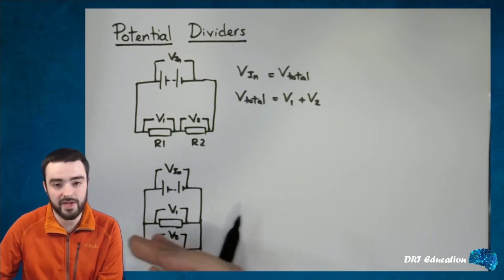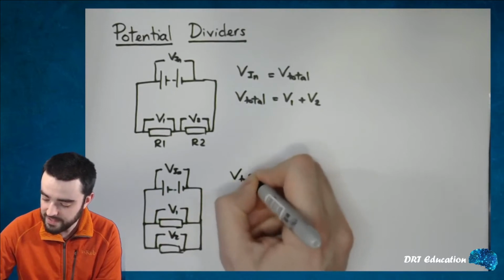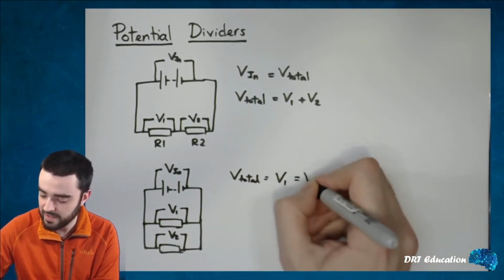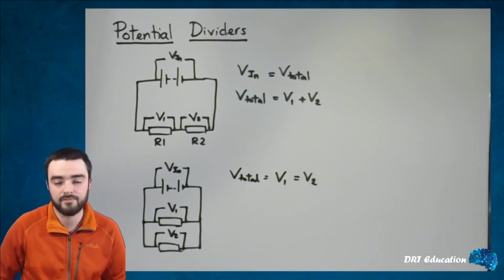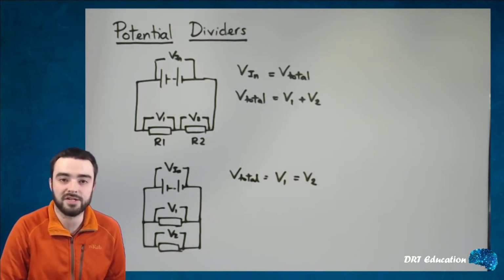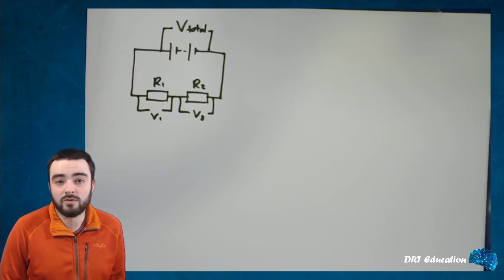So for this case where we have just two components in parallel, V total is going to be equal to V1, which is going to be equal to V2. The more generalized version of this is to say that components that are in parallel will have the same voltage across them. Another thing we need to know about is how resistance adds up in series.